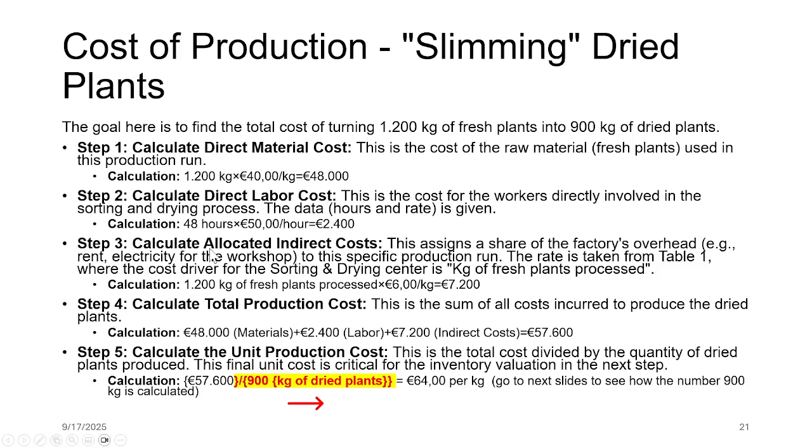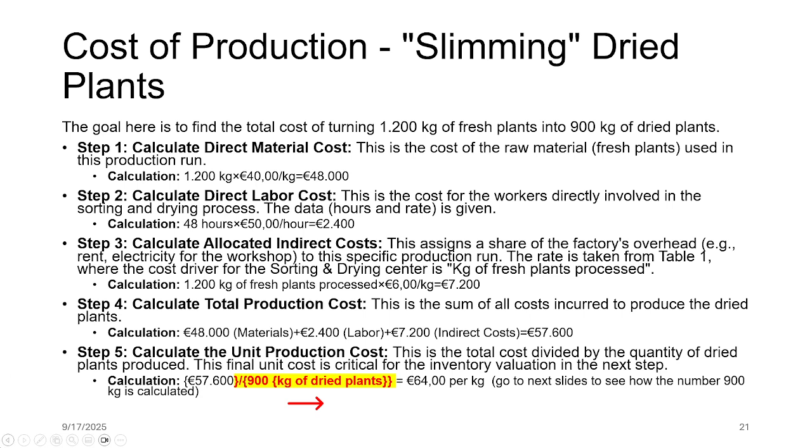In step 3, we calculate the allocated indirect cost. This assigns a share of the factory's overhead, like rent and electricity for the workshop, to this specific production run.